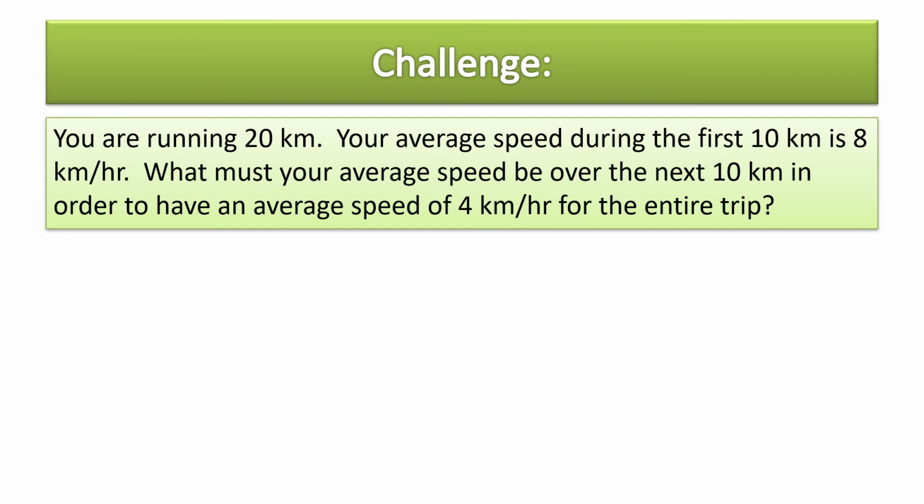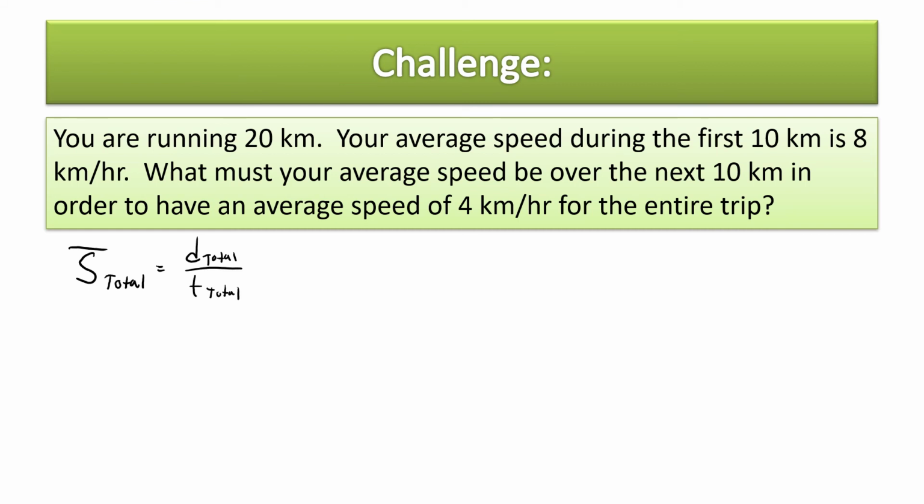The first step is to figure out how much time it takes you to finish the full 20 kilometers. So we'll do the average speed for the total trip is equal to the total distance divided by the total time.